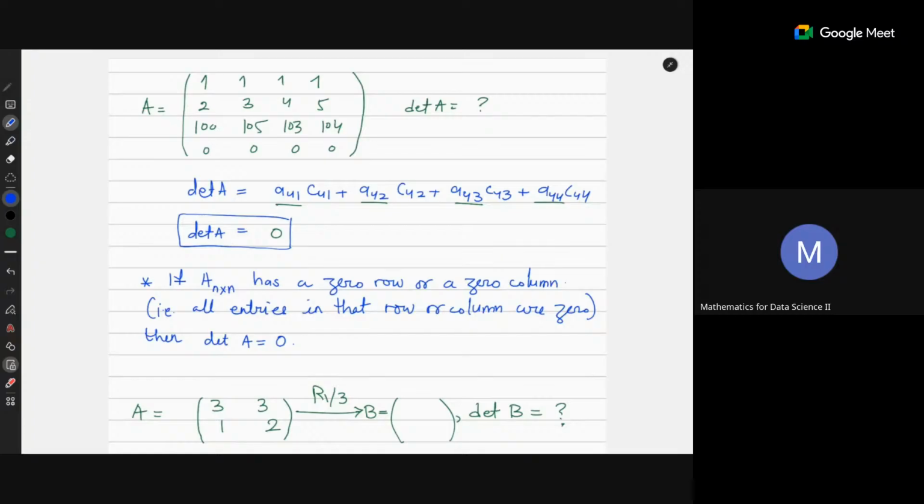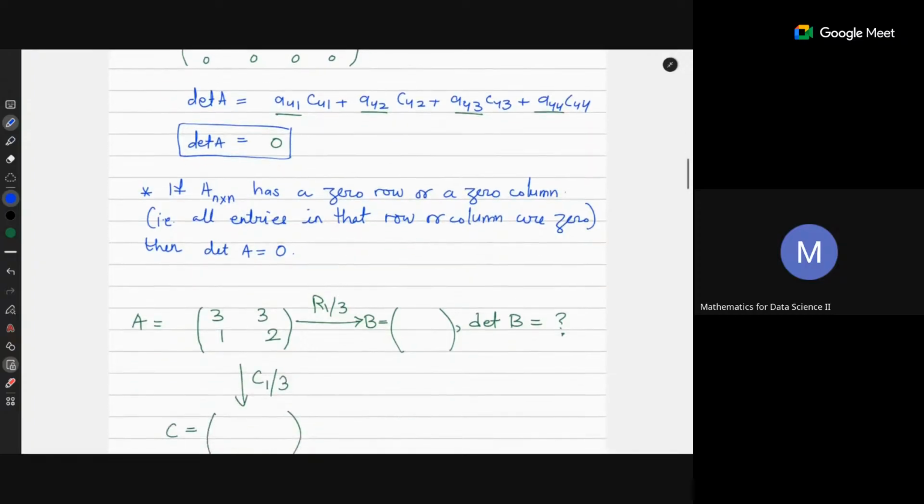So this is quite direct from the definition of the determinant. All right.